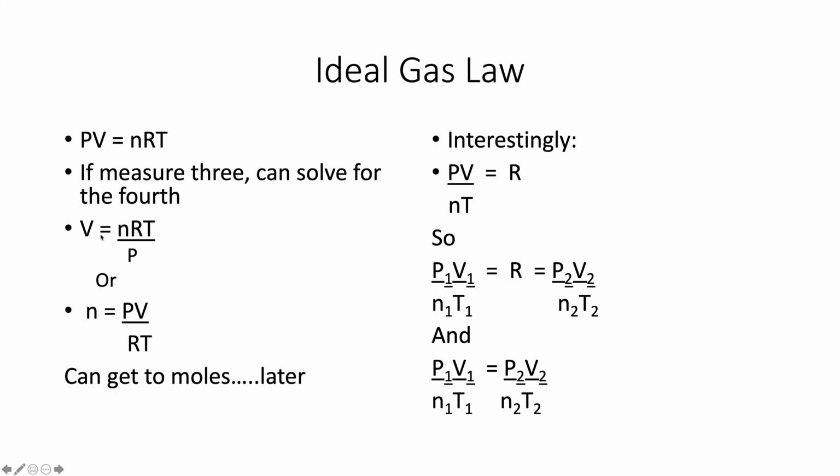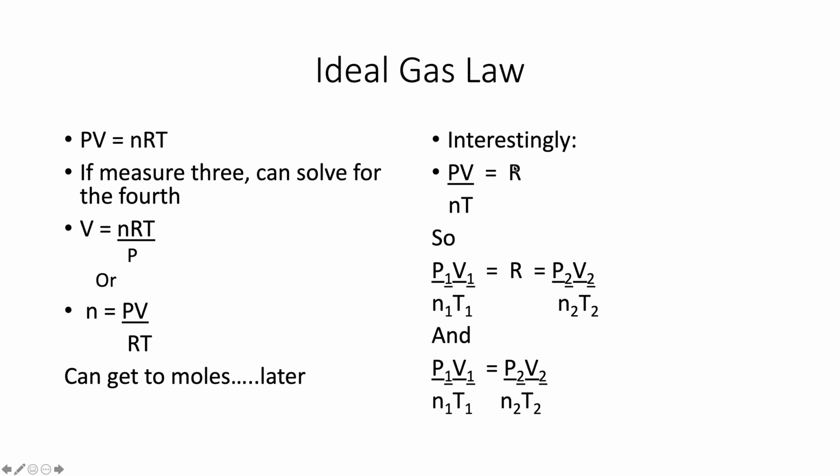What's really cool is if I measure the pressure, volume, and temperature, I can get to moles. And remember, the whole idea of the mole concept is that I can get from moles to particles, which I can't determine experimentally, and it's all about making easy measurements. Measuring pressure, volume, and temperature is pretty easy. We'll do problems with this a little bit later on.